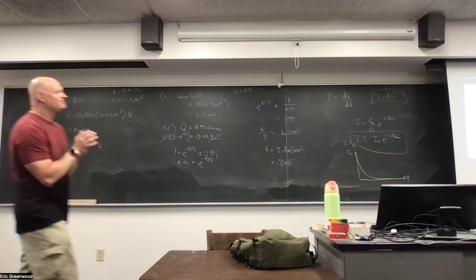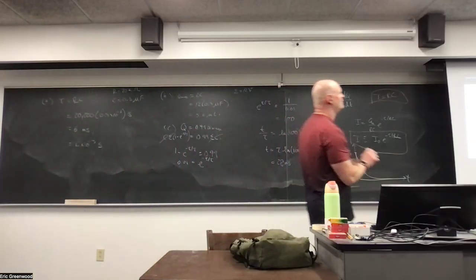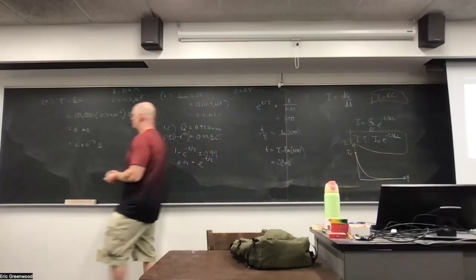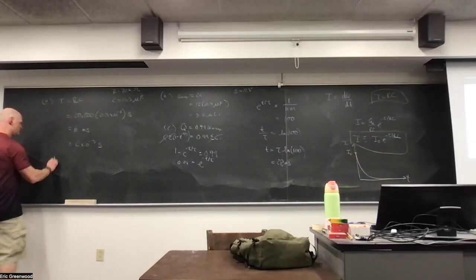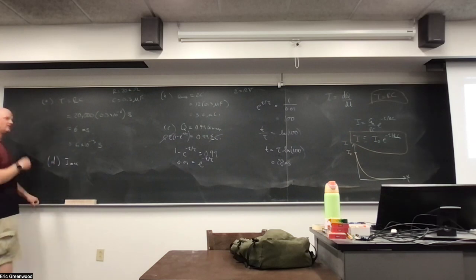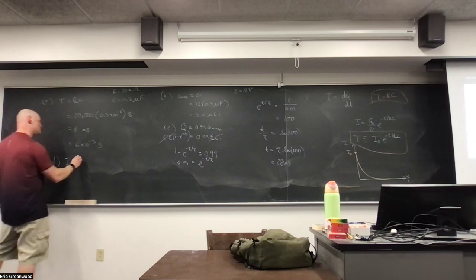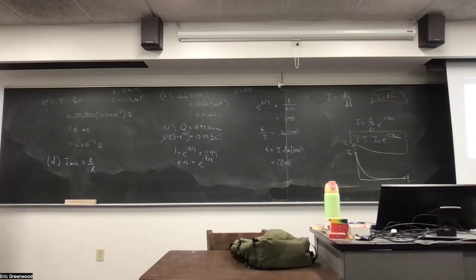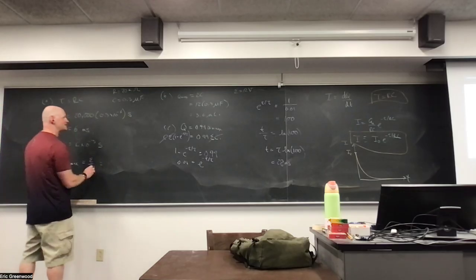Okay. Next up, what we want to know is about the maximum current. So for the maximum current, we know it occurs when the charge first starts to move, which means there's zero charge on the capacitor, so it's only dictated by the battery. So my maximum current is simply the EMF divided by the resistance.